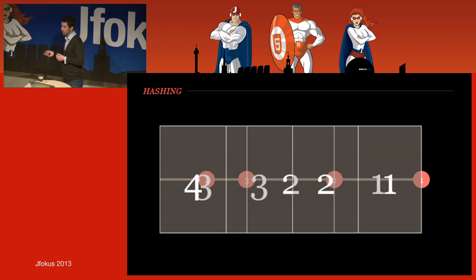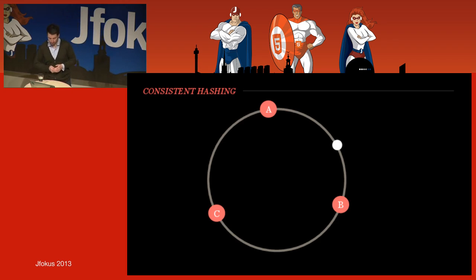Data is copied from server 1 to 2, 2 to 3, 3 to 4. It's a lot of network traffic just to add one server, and you have to rebalance the cluster right away in order to put more servers into the cluster.